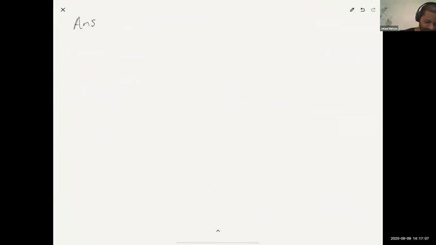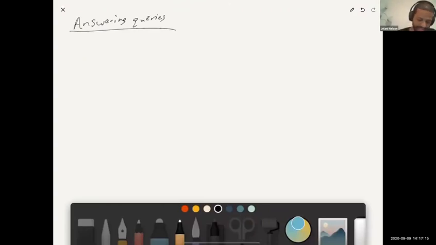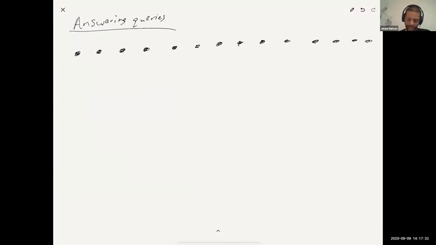So answering queries. The picture you should have in mind is the following. Let's say that the stream has the following sorted order. Of course, it didn't come sorted, but let's just say that this is what the items look like if they are sorted. And then we have some query X, and we want to know its rank.